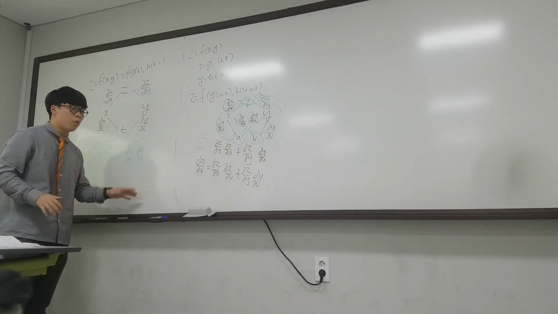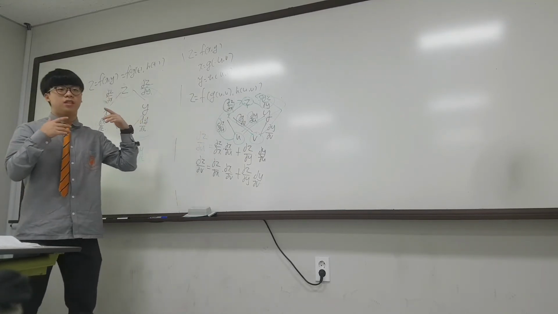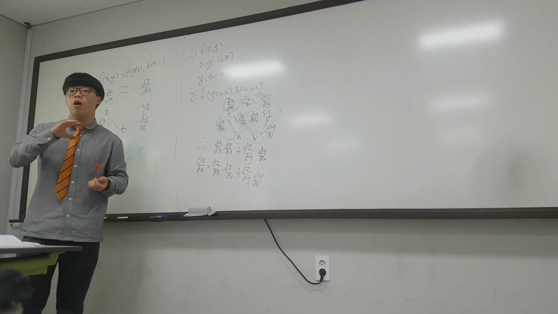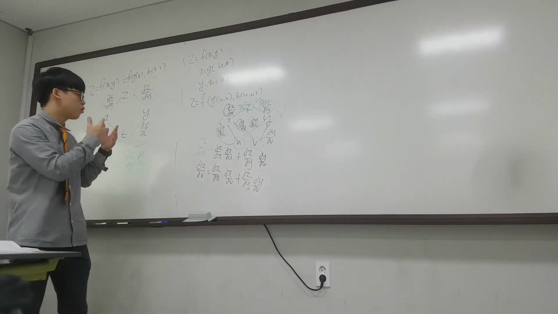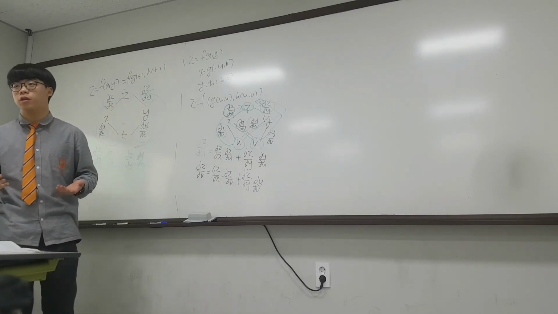So if we have more variables, we can draw this kind of relationship and see how the derivative is constructed, how they build up in order to solve the partial derivative of composite functions with more than one variable.